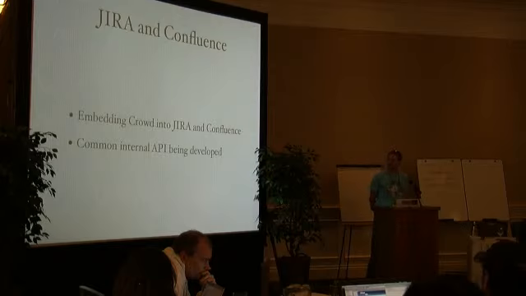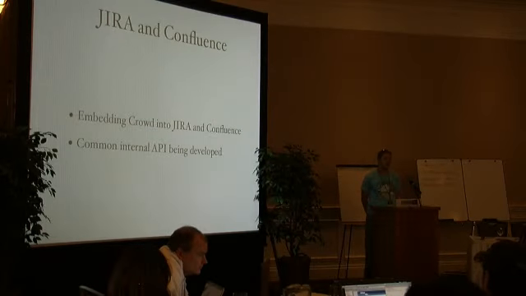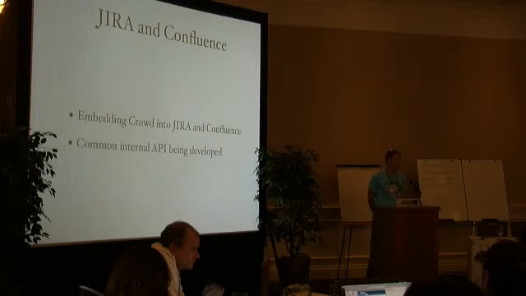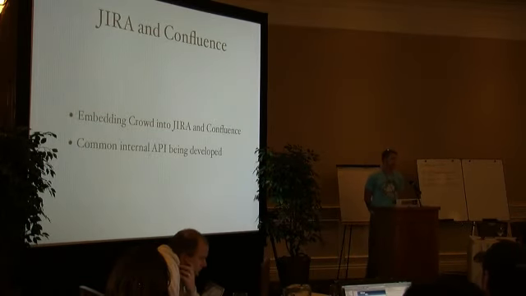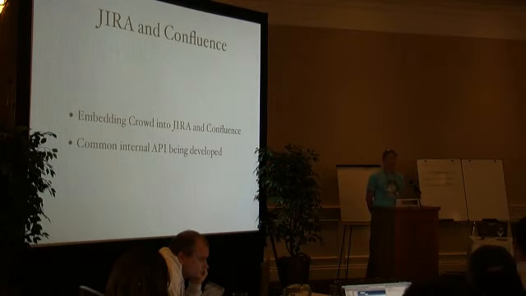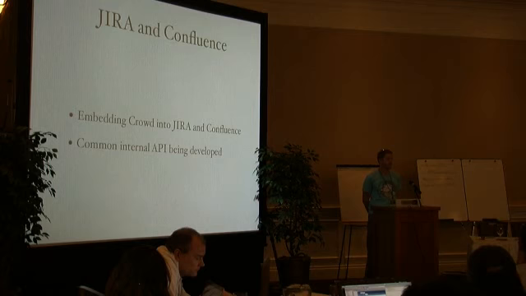We are working on embedding Crowd into Jira and Confluence, which will give you a common internal API for working with users across Jira and Confluence, and it will give you much stronger abilities to write cross-product plugins that work exactly the same way in Jira and in Confluence. That's going to take a while to do because ripping and replacing user management means you touch almost every line of code in your app, but we've started, and hopefully we'll finish before next AtlasCamp. Thank you.